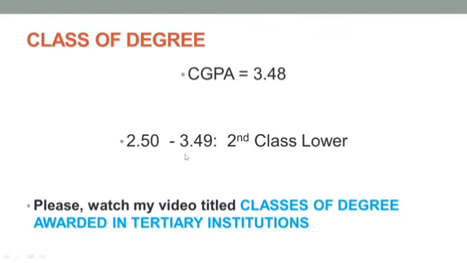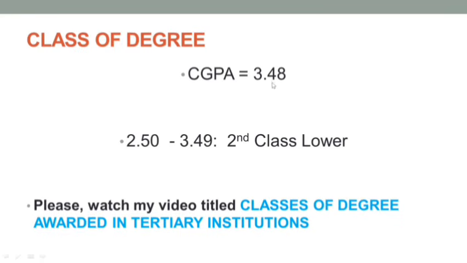But a candidate from 3.5 is what? Second class upper. So Mr. Boy missed second class upper by 0.02, because he has 3.48.